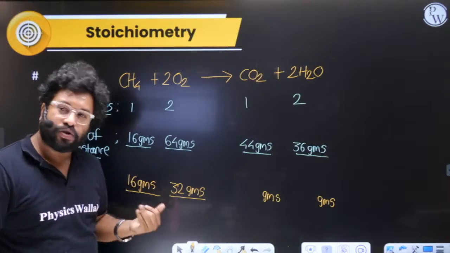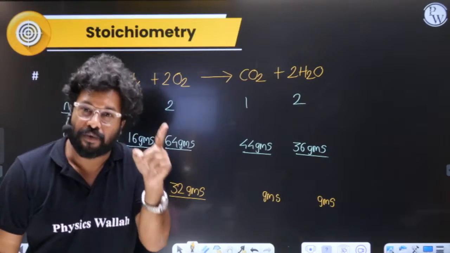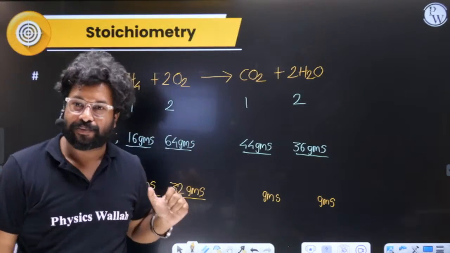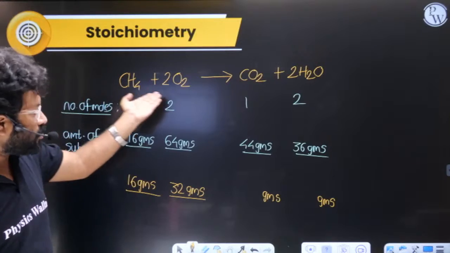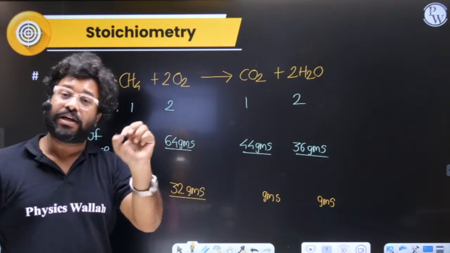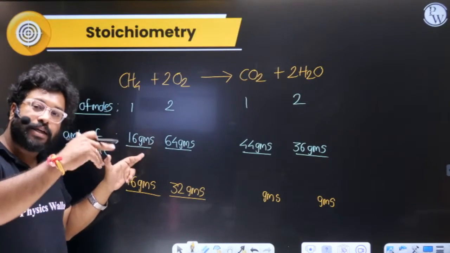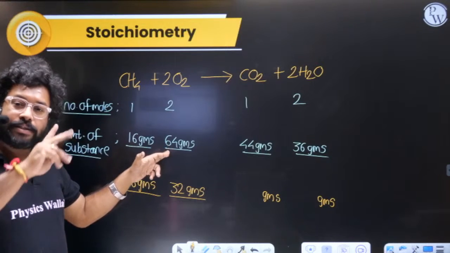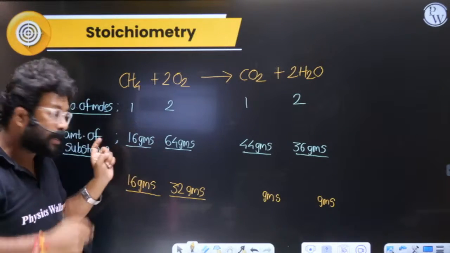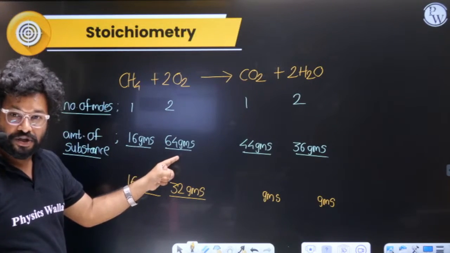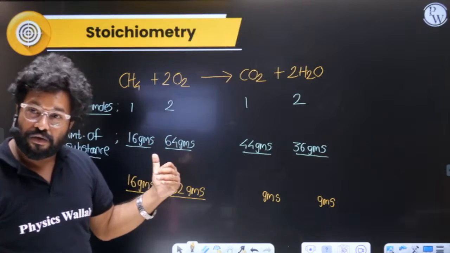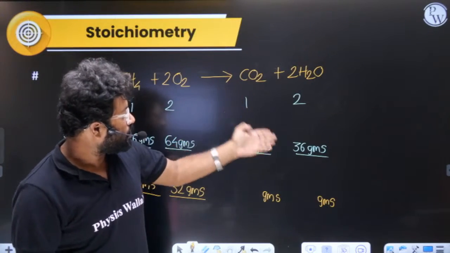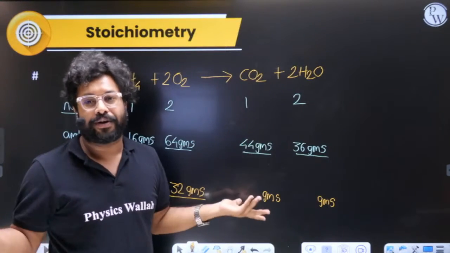Whenever such type of question comes, always fall back to the original reaction. What is the original reaction? This is the original reaction. And in the original reaction, if you take 16 grams of methane, you need 64 grams of oxygen. That is 4 times as much oxygen, which gives you 44 grams of CO2 and 36 grams of water.